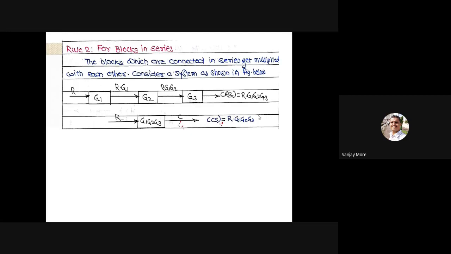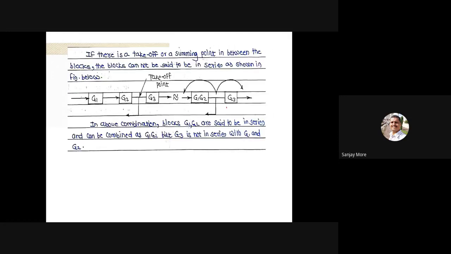So the output C of S is equal to R into G1, G2 and G3. Where blocks are connected in series, the input is multiplied by the block values.